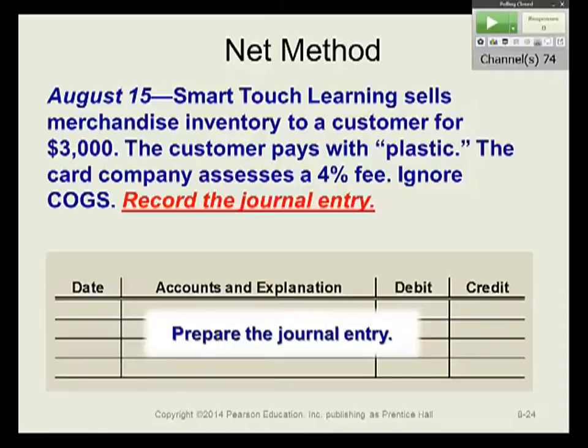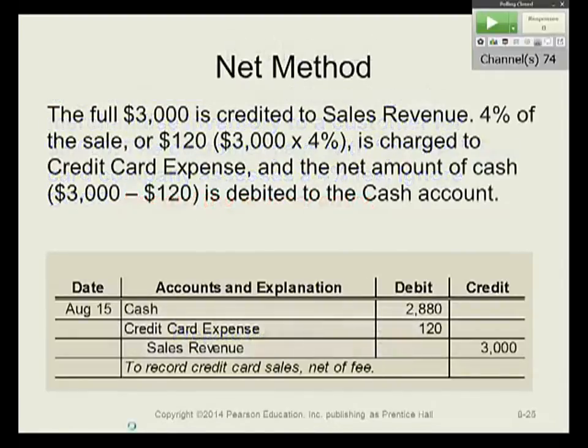Okay? So the fee here is $120. The question is when you recognize it. When you use the net method, notice what happens. Under the net method, we will deduct the fee immediately and record the cash as $3,000 minus $120. So if you look up at the screen, you'll see that the sale is $3,000.